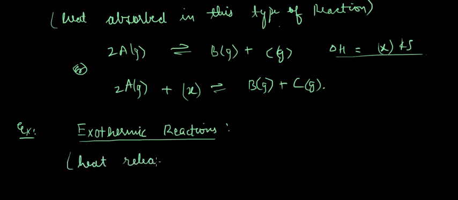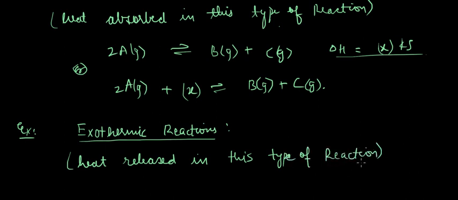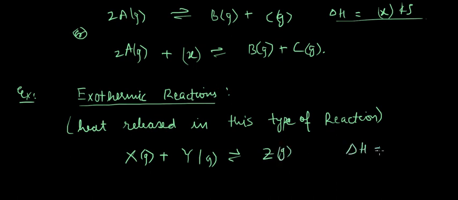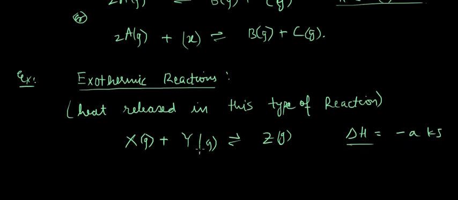An example can be, again, let's say X(g) plus Y(g) getting converted into Z(g), and delta H in this case would be minus a kilojoule per mole, where a is some positive number.